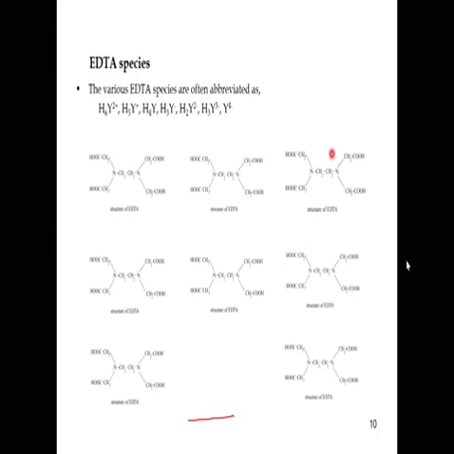Here, EDTA species. What are the EDTA species? Or we indicate them using some abbreviations. What are the abbreviations we use? For example, I just take the molecule without hydrogens, the rest of the molecule, and we designate it as Y, right?